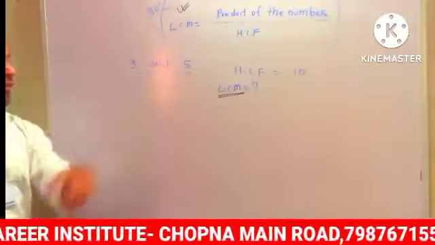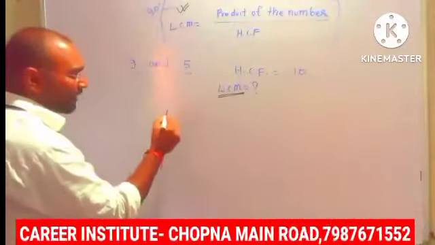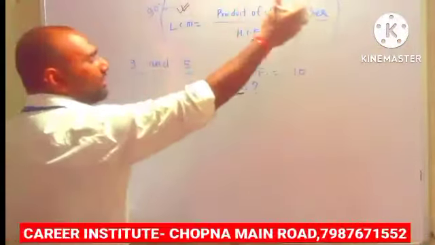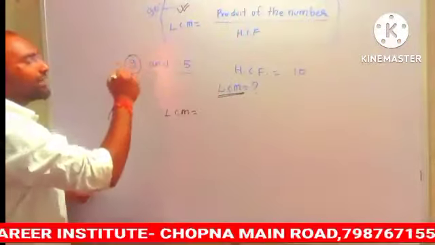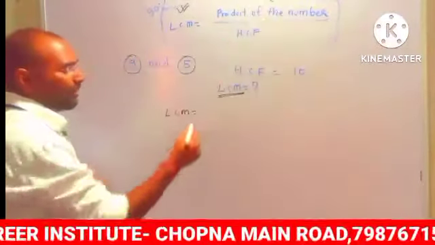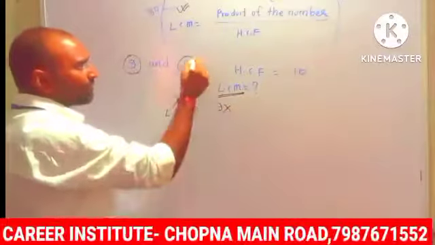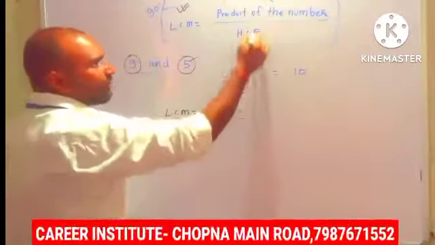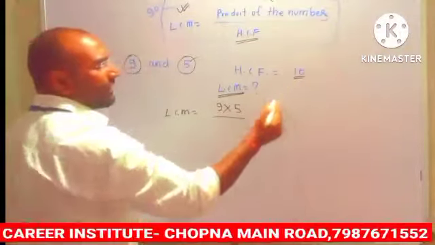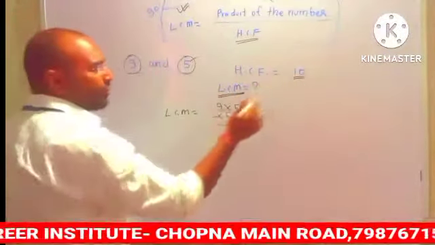So for this question, how to find out LCM? What will be the LCM? LCM is equals to product of the numbers. What are the numbers? One is 9 and one is 5. And product means multiply. So 9 into 5, divided by HCF. HCF is given here, HCF is equals to 10.